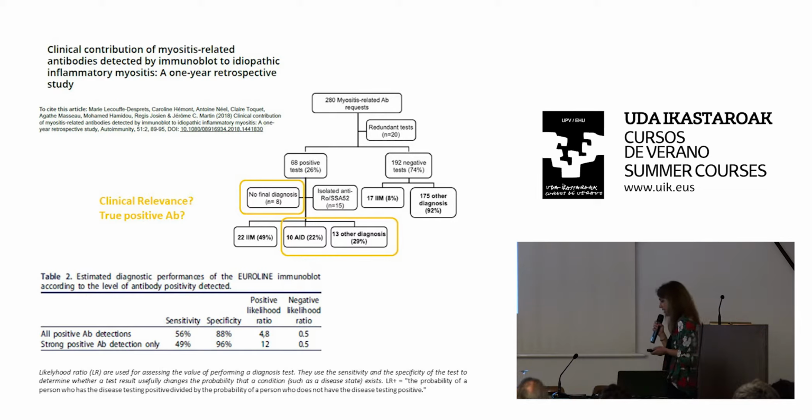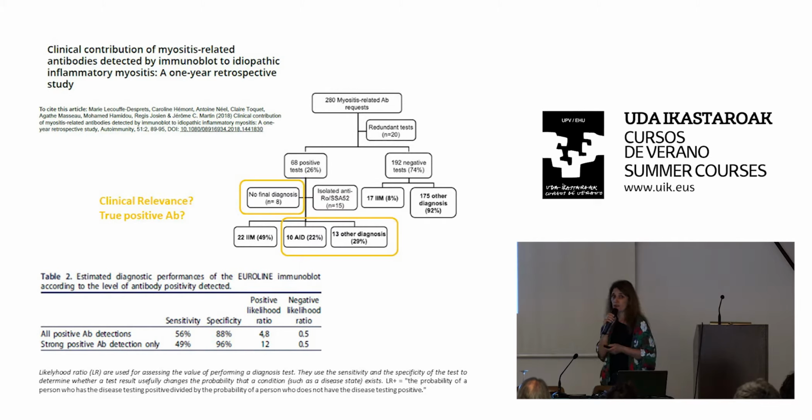they had in their lab for MSA antibodies, only half of the patients had real inflammatory myopathies, and the others had connective tissue disease or other diagnoses such as inflammatory disease, infection, cancer, and so on. So it's really difficult to get a good likelihood ratio for those antibodies.